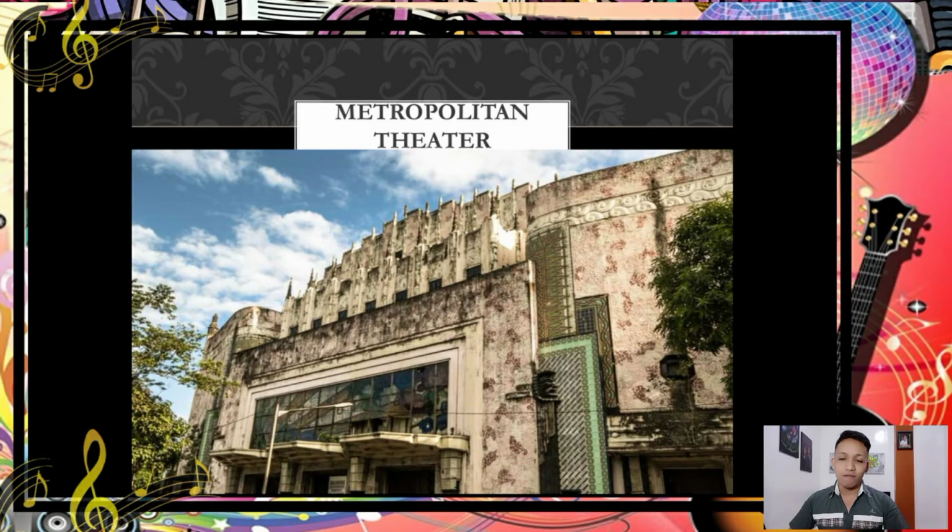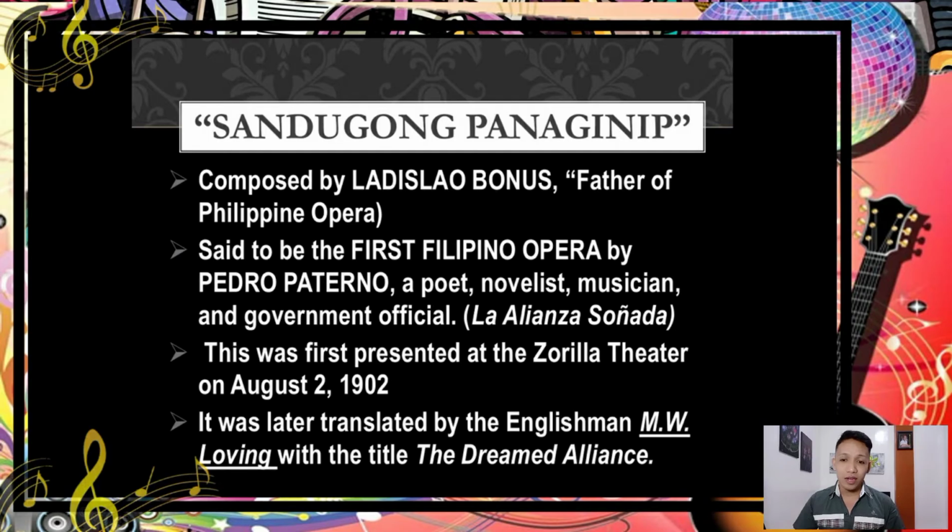I also want to emphasize an early Philippine opera, which was called Sandugong Panaginip. This opera was composed by Ladislao Bonus, also known as the father of Philippine opera. Said to be the first Filipino opera by Pedro Paterno, a poet, novelist, musician, and government official.